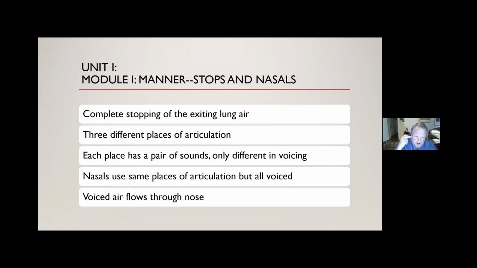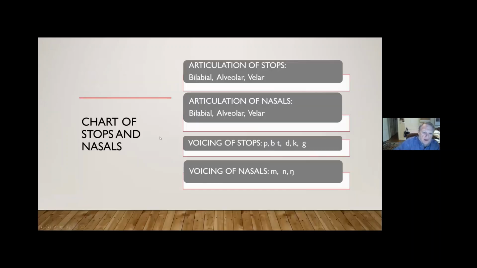Now, each of these three places has a pair of sounds which only differ in voicing. And we'll get to the voicing later. Nasals use the same place of articulation, but they're all voiced. And this voiced air for nasals flows through the nose. Now, that was the overview. Let's now talk about stops and nasals in more detail.